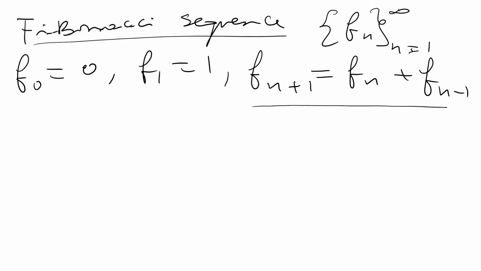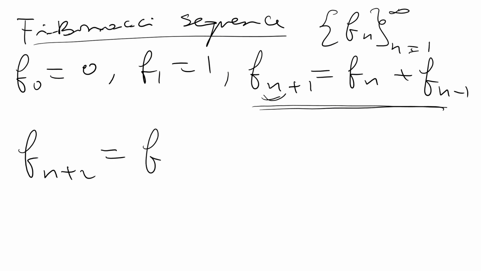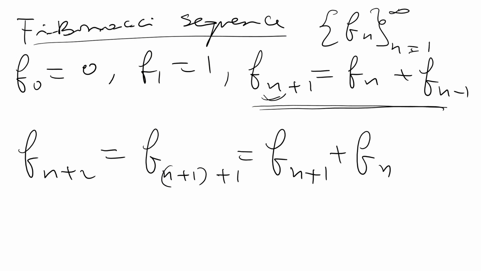So let's say I want to get f_{n+2}. What I'm going to do is just replace n by n plus 1 in this relationship, because if I have f_{n+1}, then plus 1, this is indeed f_{n+1} plus f_n, because I replaced n by n plus 1, so this is n plus 1 minus 1.